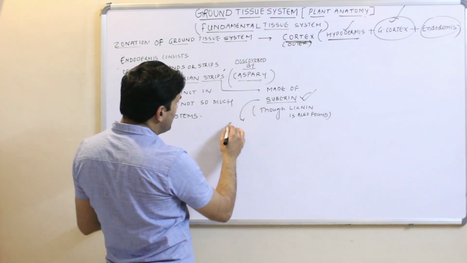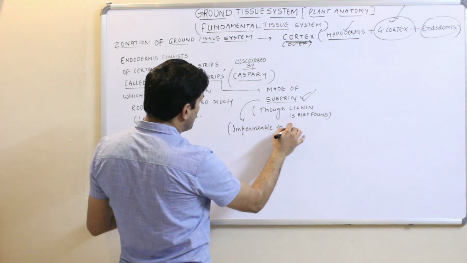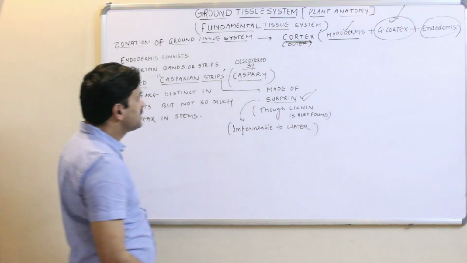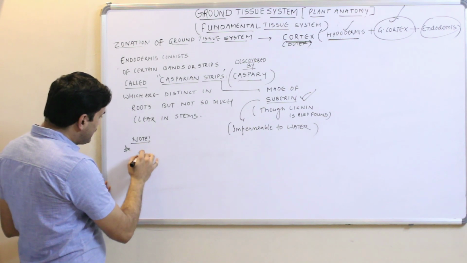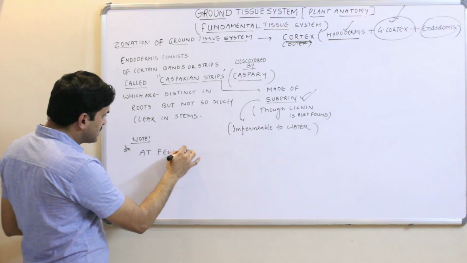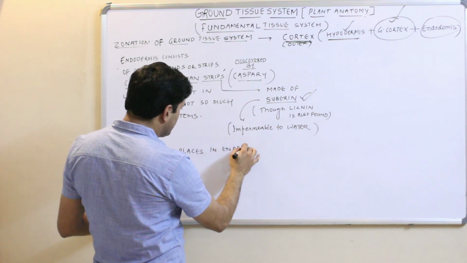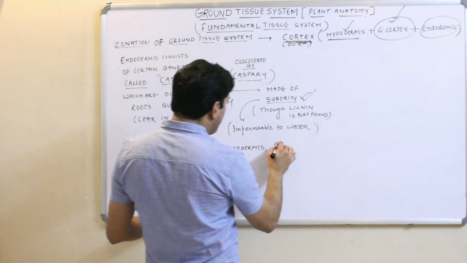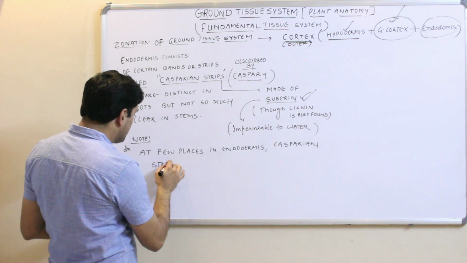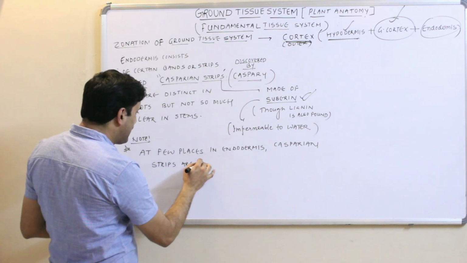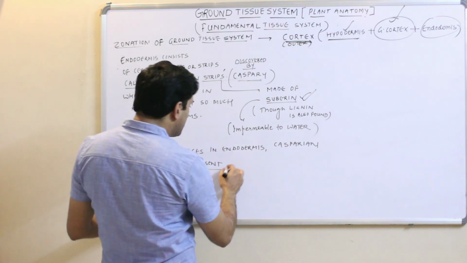And you know very well, suberin is impermeable to water, doesn't allow the water. Now, very important, at few places in endodermis, Casparian strips are absent.